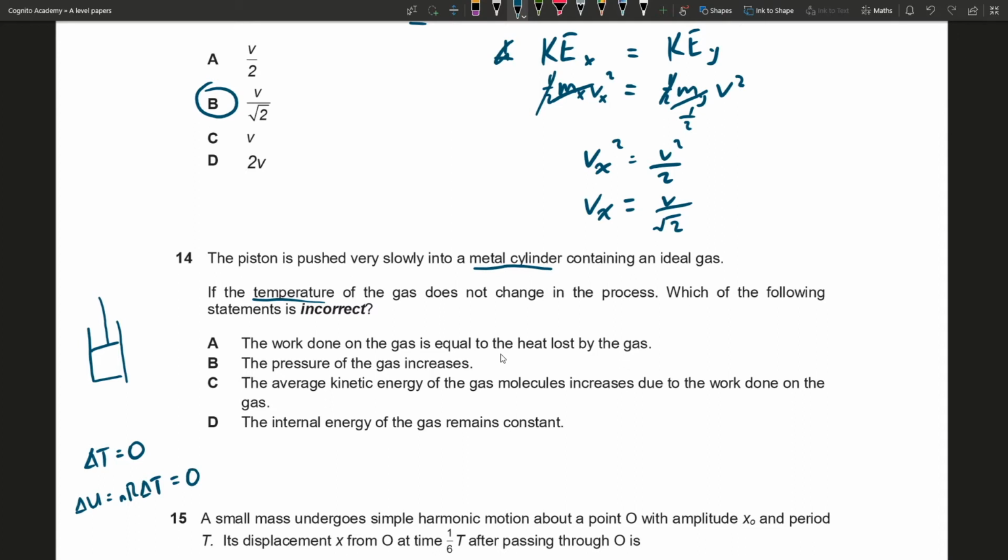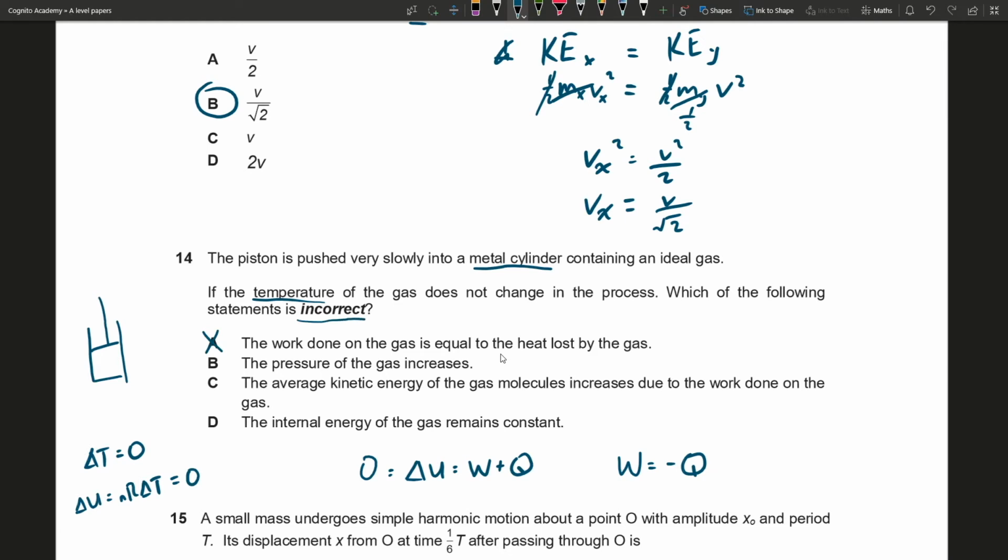Now, using the first law of thermodynamics, the change in internal energy is equal to the work done on the object plus the heat supplied to the object. Because this is 0, the work done on the object is equal to the heat lost from the object. So A is correct, but we are looking for something that's incorrect, so A is not our answer.